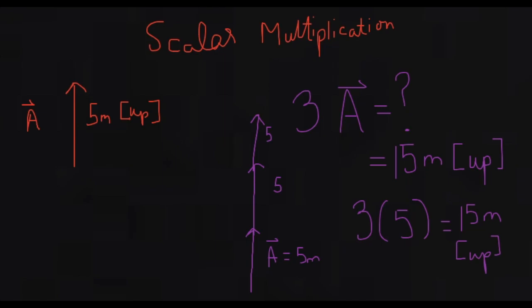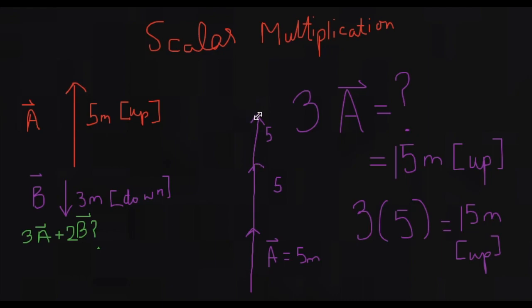You can also add vectors that are multiplied by scalars. So for example, say I have vector B from our last example, which was 3 meters down. How would I find 3A plus 2B? Let's do this graphically. So we already drew 3 times our A vector right here. And remember, we add vectors tip to tail.